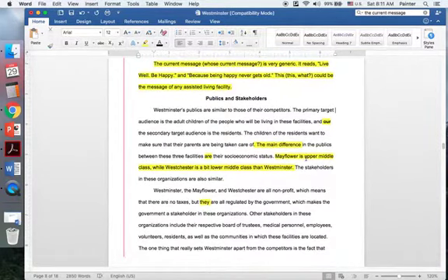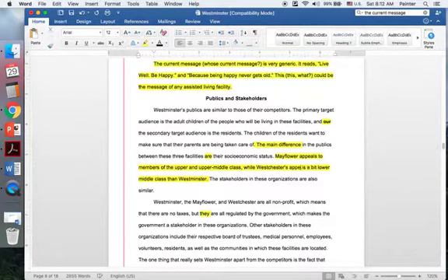"Mayflower is upper middle class." No, Mayflower appeals to members of the upper and upper middle class, while Westchester's appeals are to middle and lower middle class people.